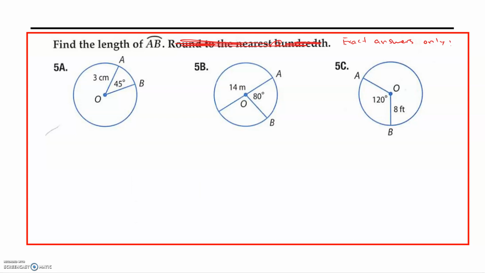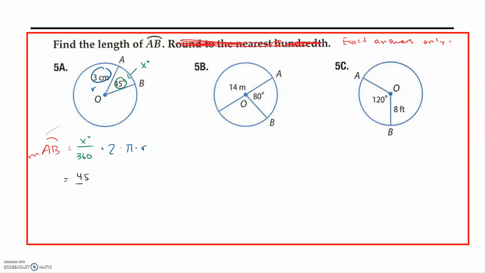So our arc length, so we want to solve for AB. The measure of arc AB is equal to our x degrees over 360 times 2 times pi times radius. So we have, what is our x degrees right here? We have our radius. We plug in and solve.